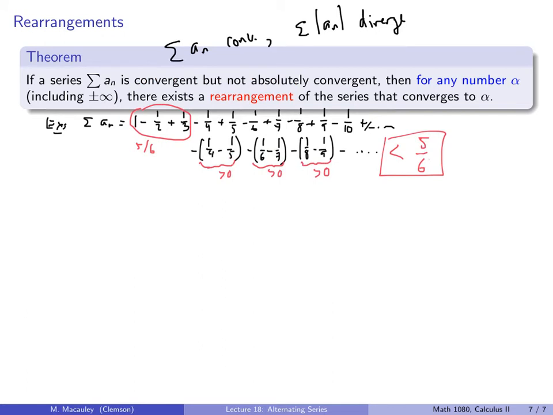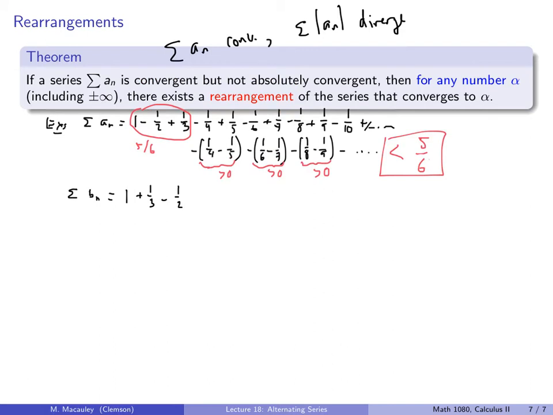Okay, so now I'm going to rearrange this series. So here I did plus, minus, plus, minus, plus, minus. I'm going to write the first two positive terms and then a negative term. Then the next two positive terms and a negative term, and so on. So this series I'm going to write as 1 plus 1/3 minus 1/2.